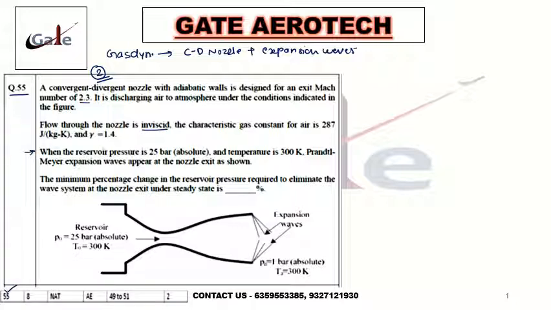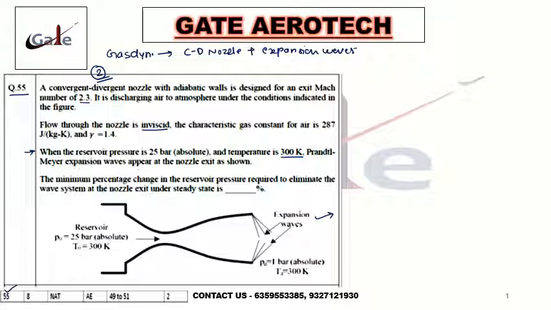When the reservoir pressure is 25 bar absolute and the temperature is 300 Kelvin, a Prandtl-Meyer expansion wave appears at the nozzle exit as shown. So this is the expansion fan. I hope you know that. Anyone who has prepared gas dynamics knows what this is and what will happen across the expansion wave to all the properties, static and stagnation.